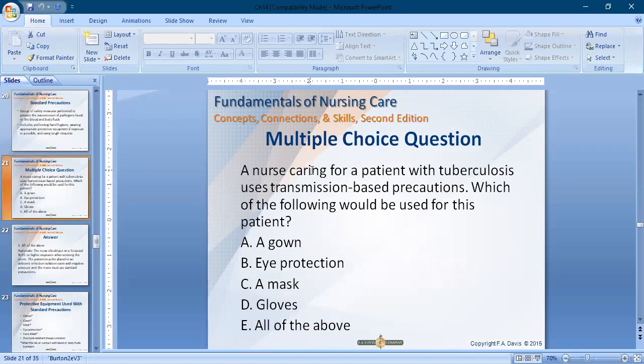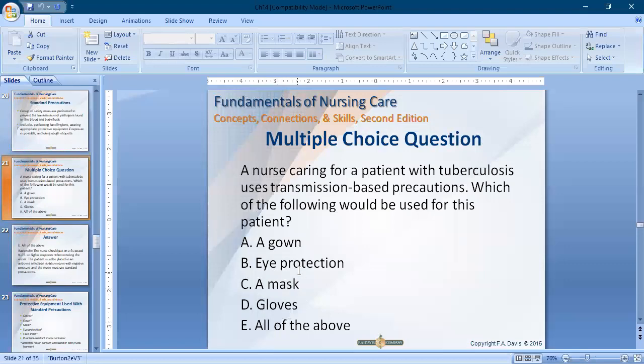A nurse is caring for a patient with TB, or tuberculosis, and is using airborne precautions, a transmission-based precaution. Which of the following would be used for this patient? Gown, eye protection, mask, gloves, all of the above, right?